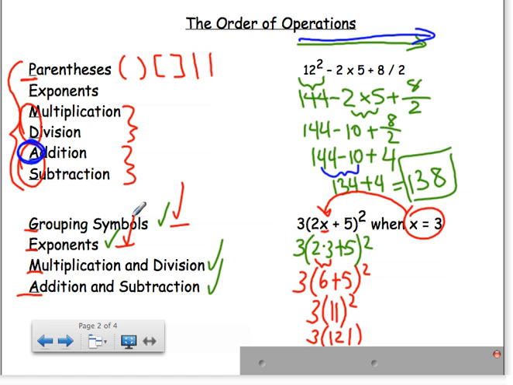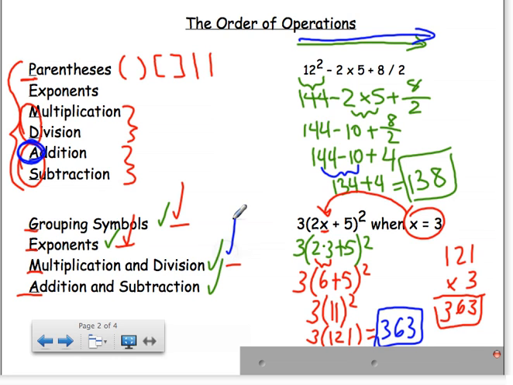I still see multiplication, when I see 3 times 121, so I need to multiply 3 times 121. Do that right here, because I can't do that in my head. 3 times 1 is 3, 3 times 2 is 6, 3 times 1 is 3. And so 3 times 121, my final answer is 363.